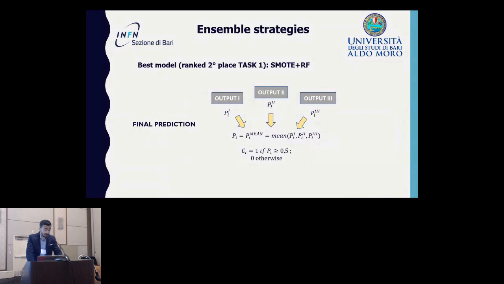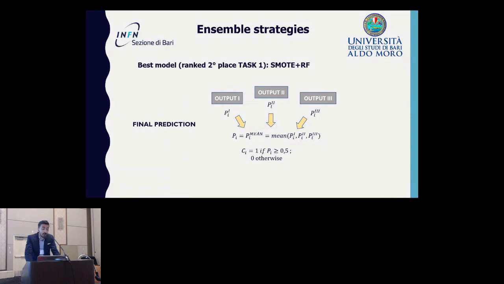For the final prediction, we took the outputs of the three independent models, and the probability score of the subject was taken as the average of the three probability scores. The associated class depends on this calculated probability, and we chose a threshold of 0.5.